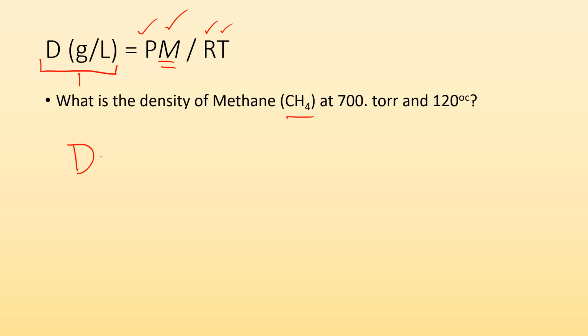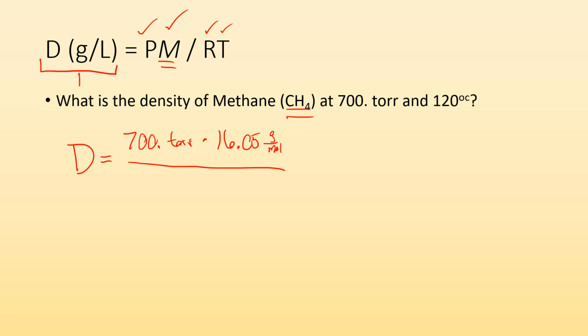So it's really just, all right, density equals the pressure, 700 torr, times the molar mass. Well, I can do the math to figure out CH4. Its molar mass is 16.05 grams per mole, and then divided by RT.